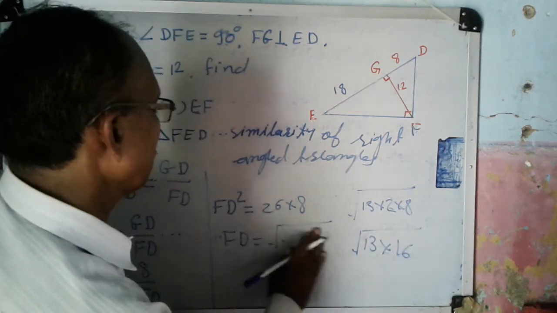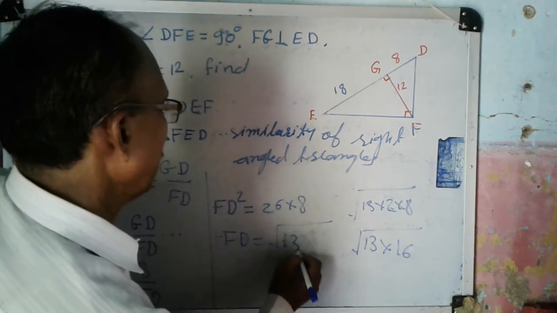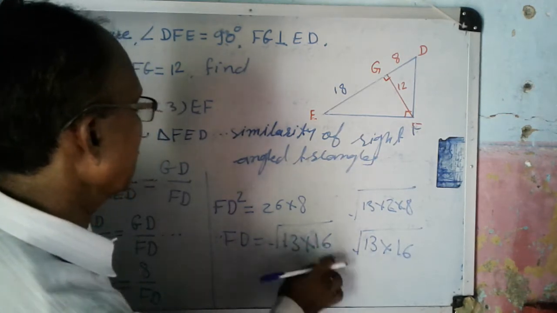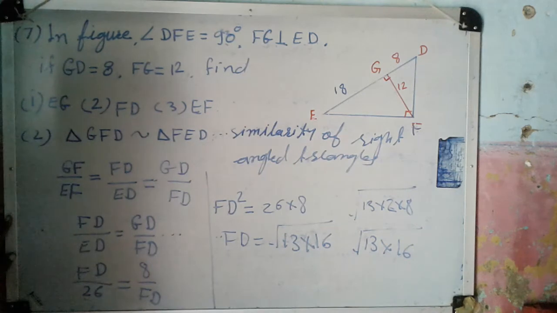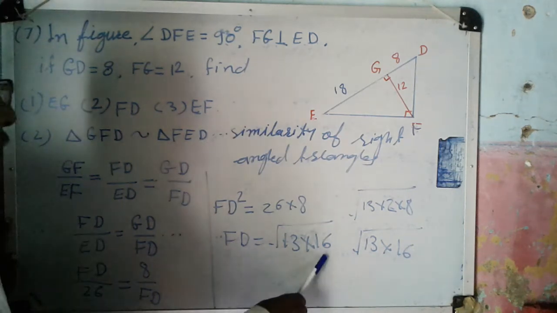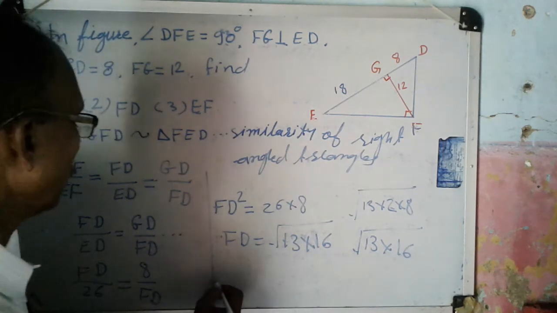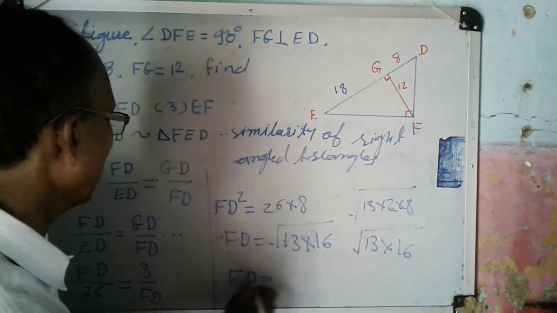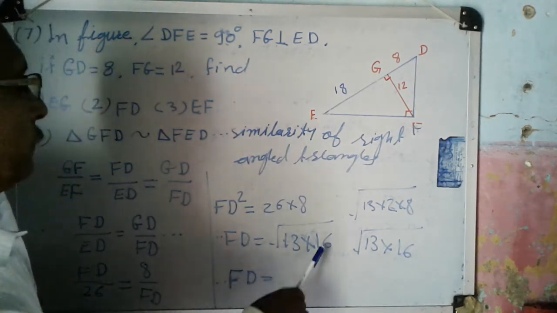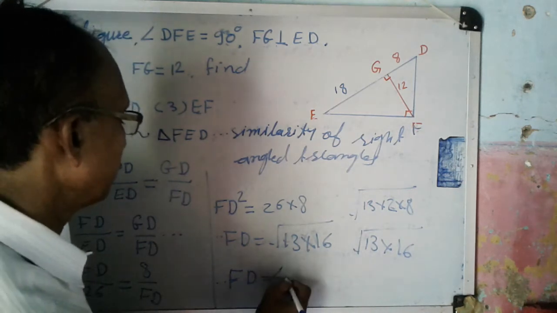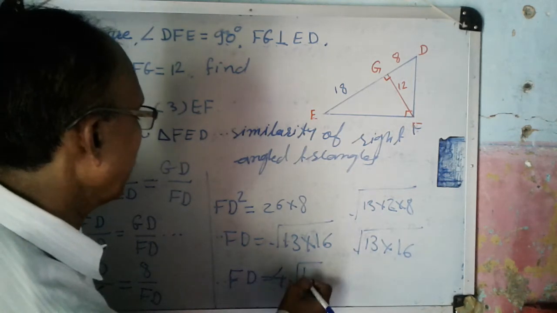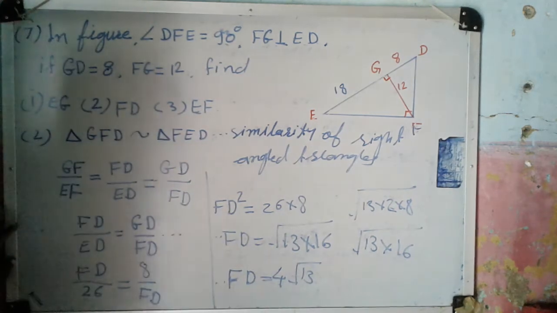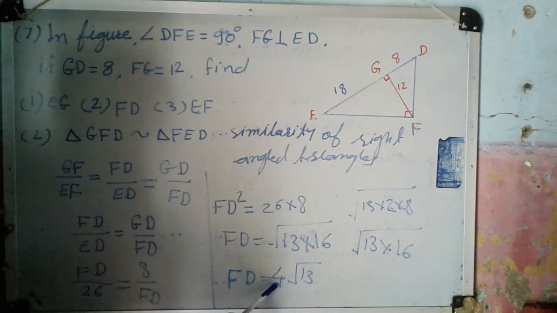So here we get 13 multiplied by 16. These are the two factors, and 16 is a perfect square. So take the square root of 16. Here we get FD is equal to square root of 16 is 4 and under root 13. So this is our second answer. FD is equal to 4 root 13.